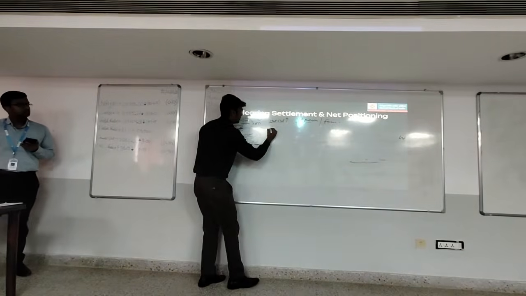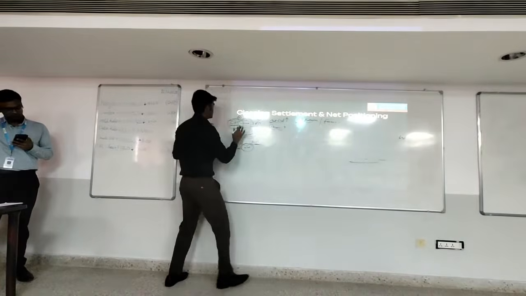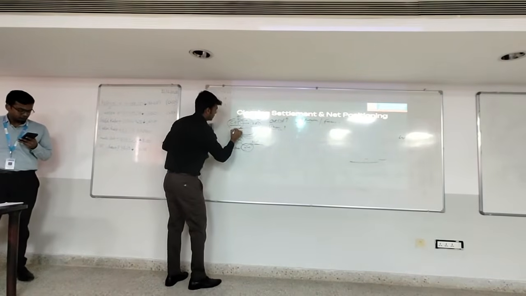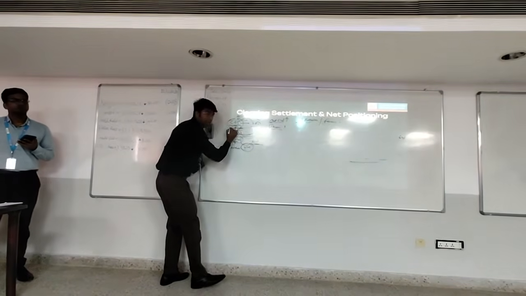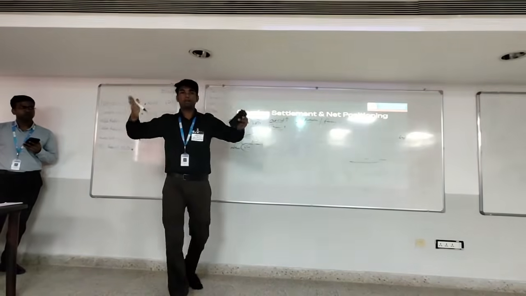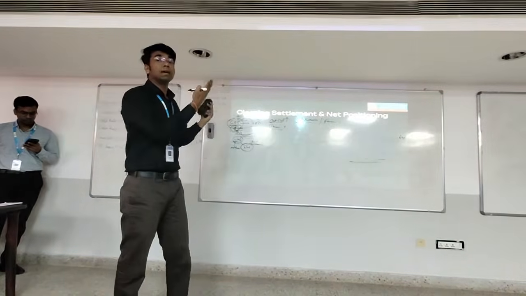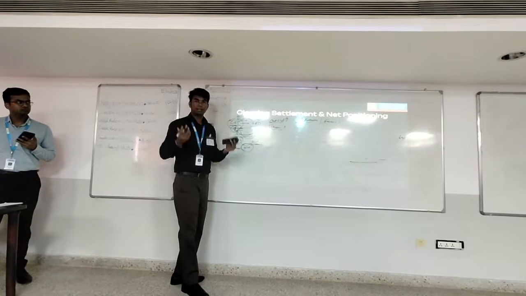If inward is more, suppose here 10 checks of 8 lakh, there 10 lakh. Now CBI will give 2 lakh to SBI. This is all happening in the current accounts which they maintain in RBI. So 2 lakh he will give to him. This is the netting process.